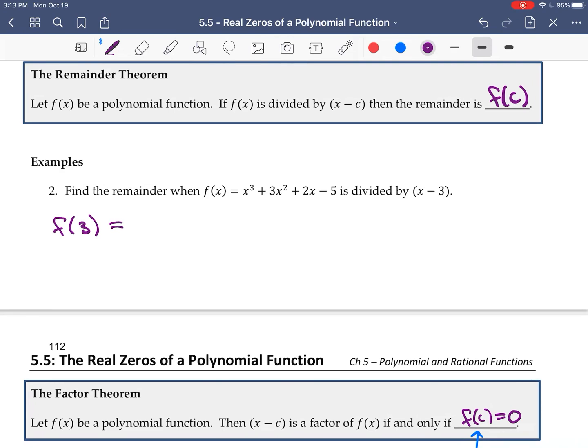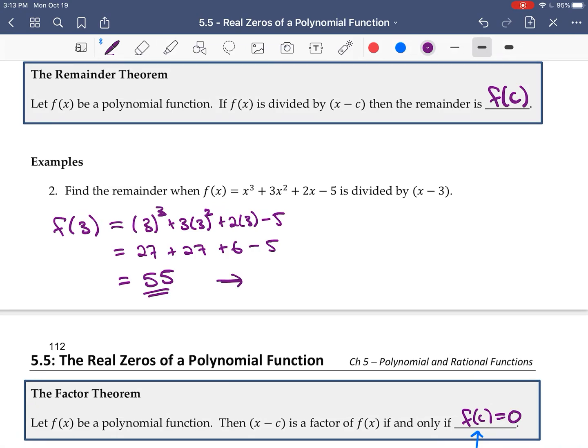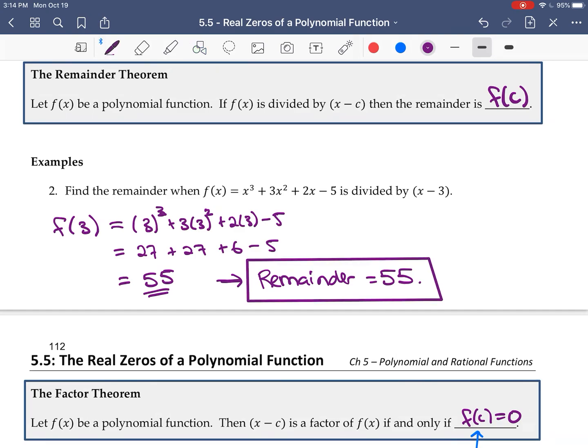That's 3 cubed plus 3 times 3 squared plus 2 times 3 minus 5, so 27 plus 27 plus 6 minus 5, which gives 55 in total. So the remainder is 55, according to the remainder theorem.